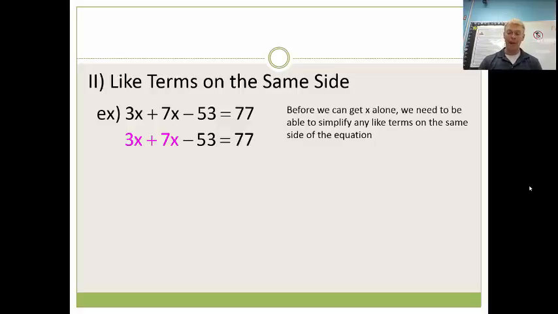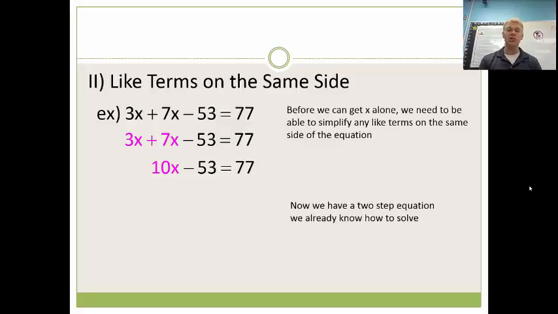So we need to combine those terms. We're not canceling, we're not eliminating, we are combining. That's an important word to associate when the like terms are on the same side. 7 plus 3 is 10x.